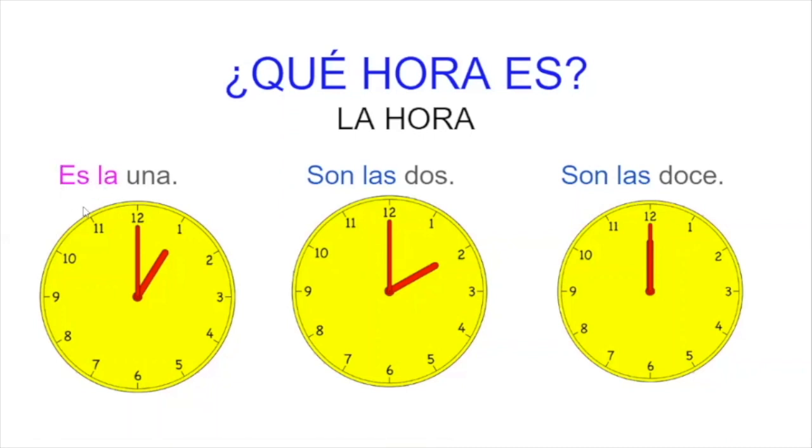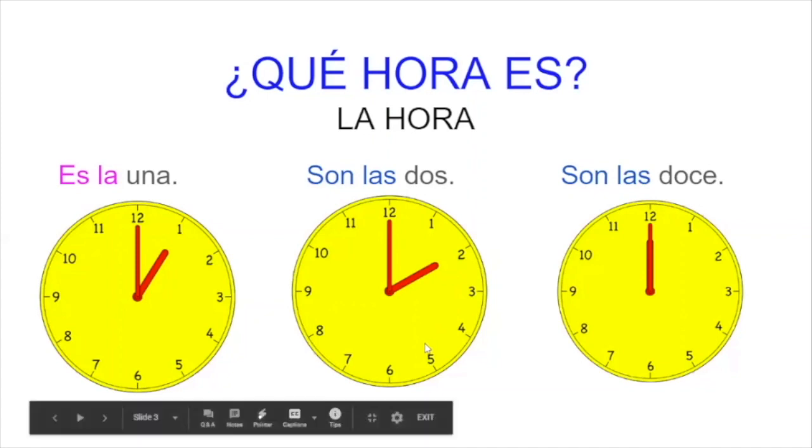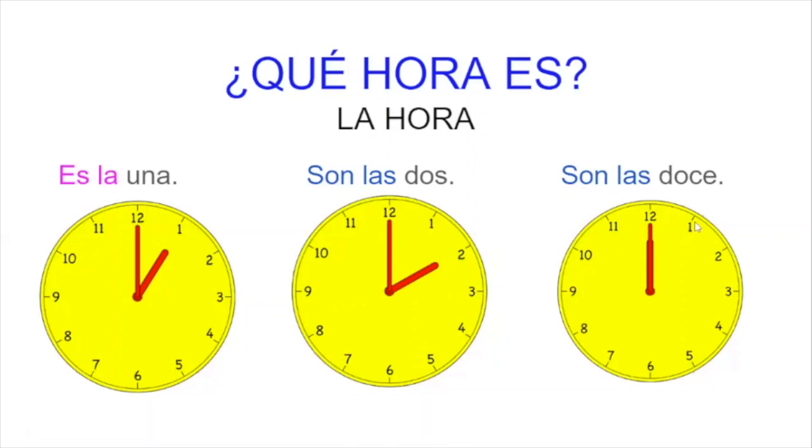We only use es la with 1. Todas de las otras horas usamos son las. Son las 2, son las 3, son las 4, son las 5, etc. Hasta llegamos, son las 11, son las 12, pero entonces es la 1.